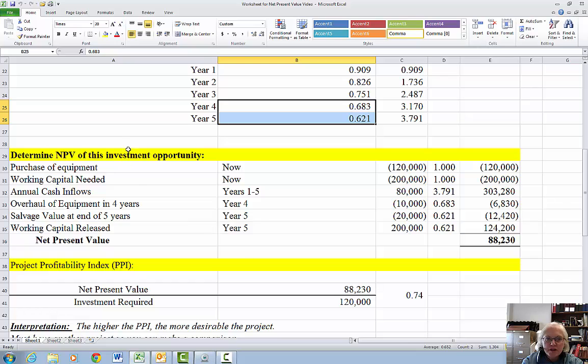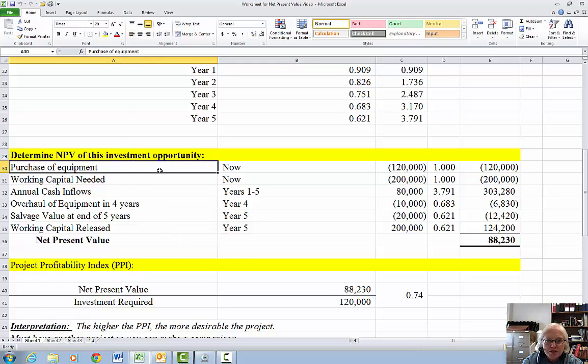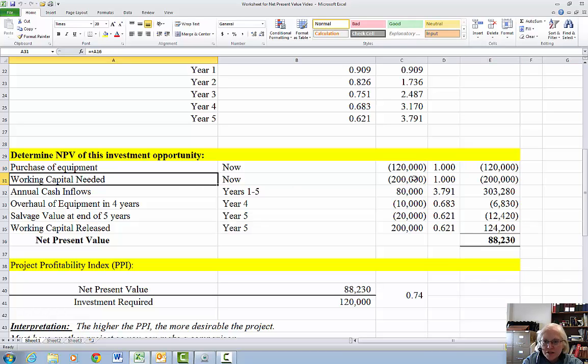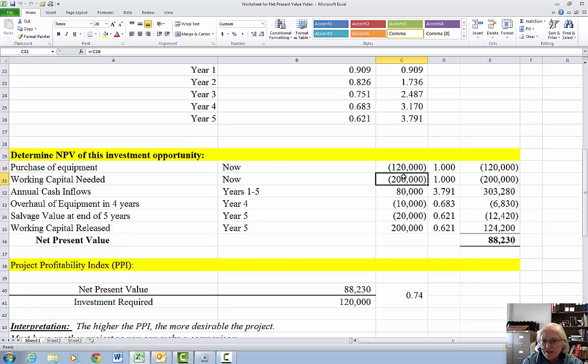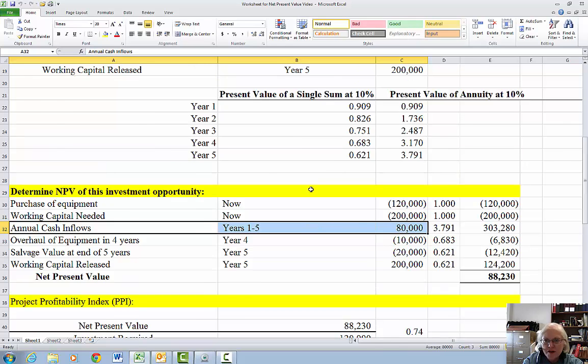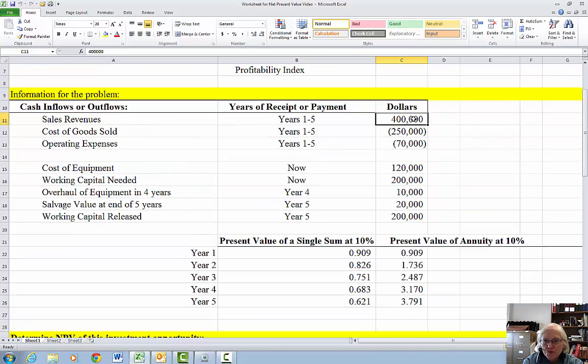To determine the net present value of this particular project, we purchase the equipment today. So that is $120,000 at 1, and that's an outflow of money. The working capital needed is $200,000 today, and that is an outflow. The annual cash inflows: if I take the 400 minus 250 minus 70, that gets me to an $80,000 net cash inflow.